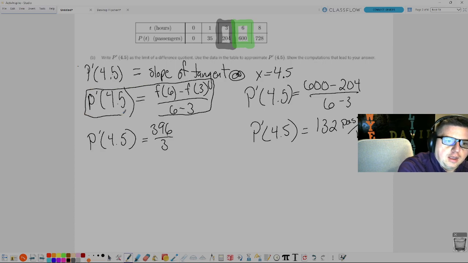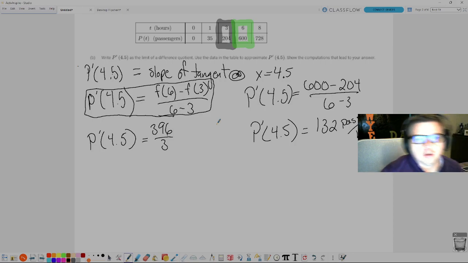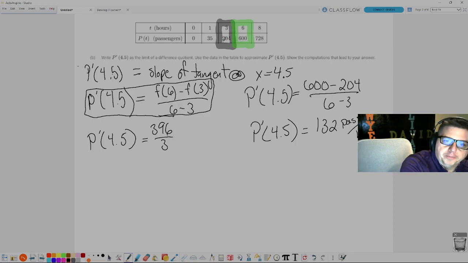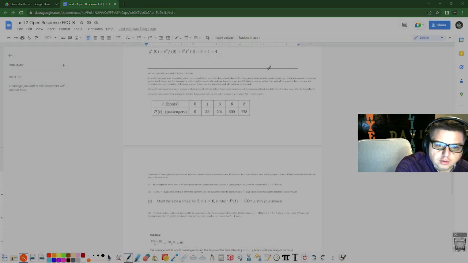We're showing that we can find the average rate of change by going in between 6 and 3. I don't think there's really anything else we need to do.